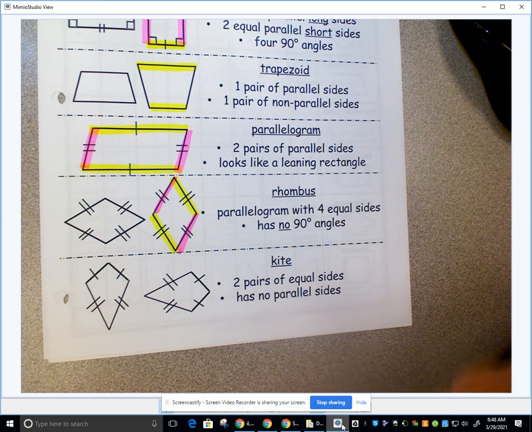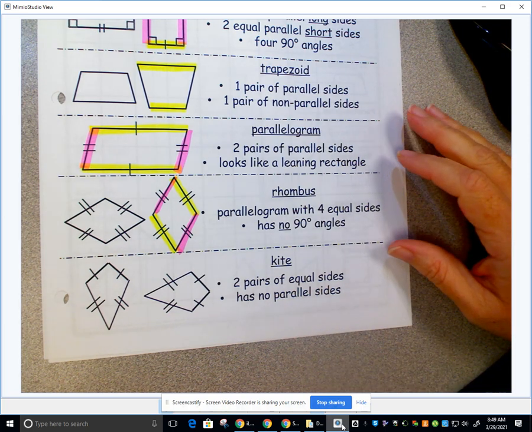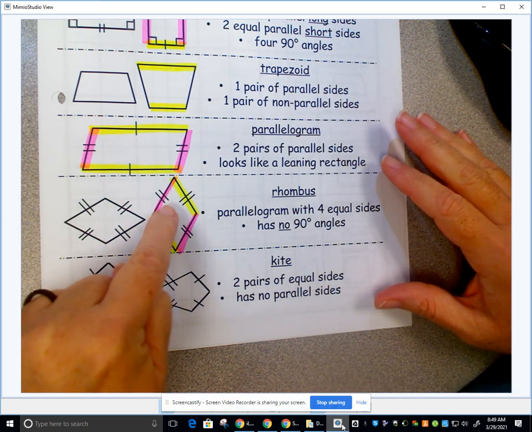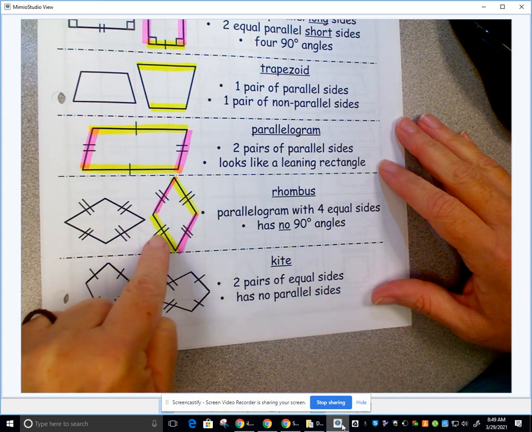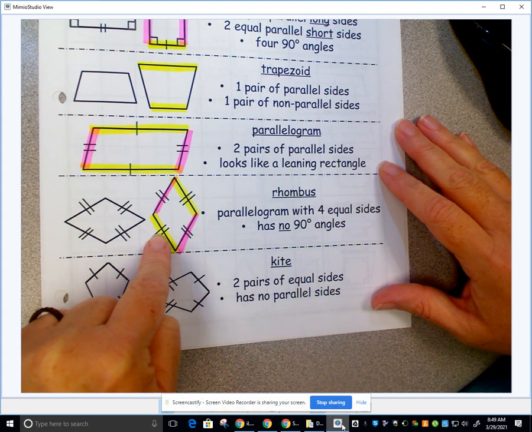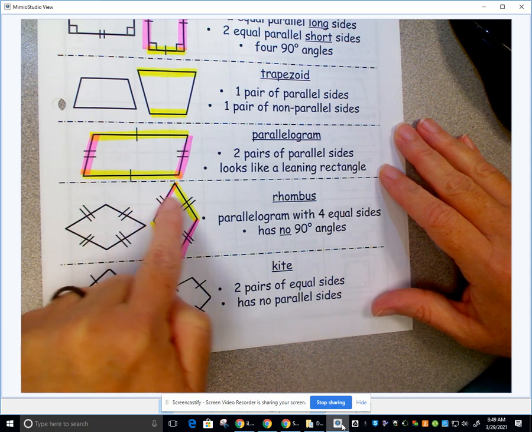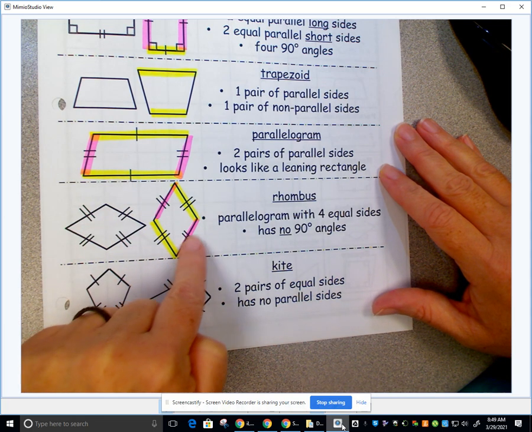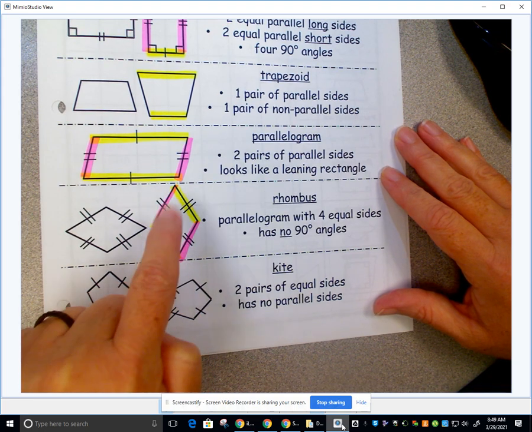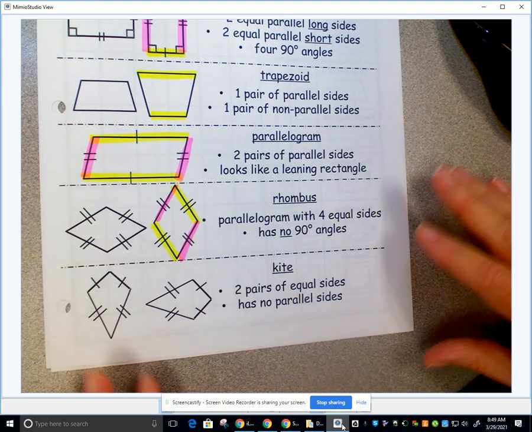So it's got two pairs of parallel sides. And also notice there's two tick marks on every line. That means this is a lot like a square. The sides are all equal length. The difference is it doesn't have right angles like a square does.